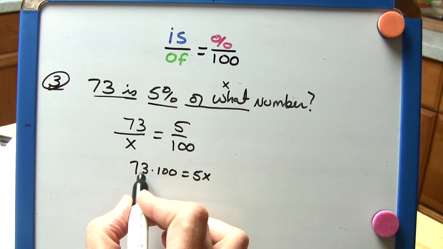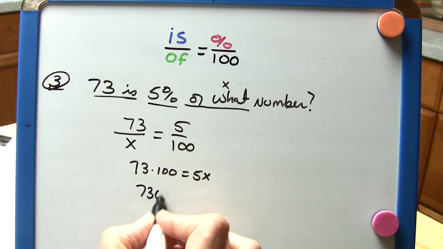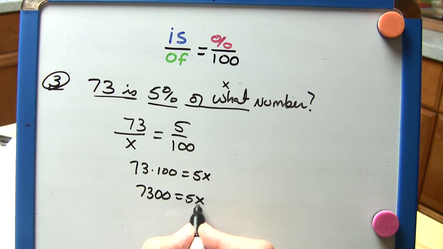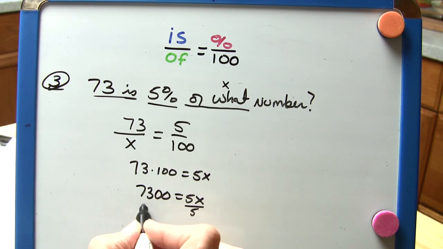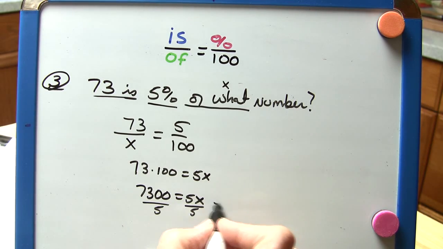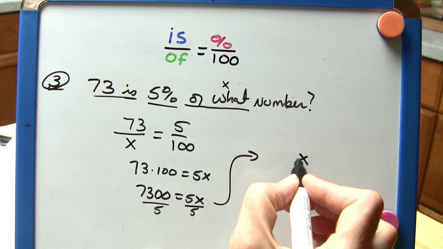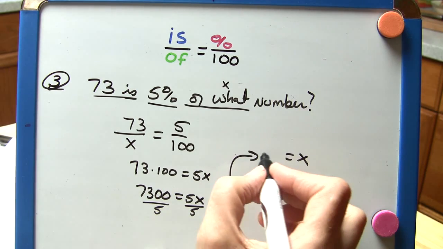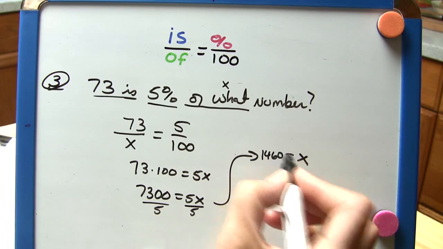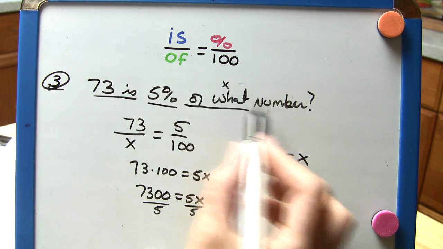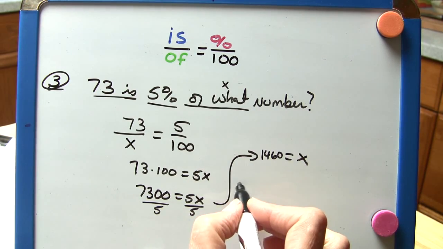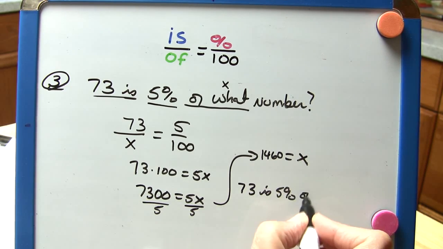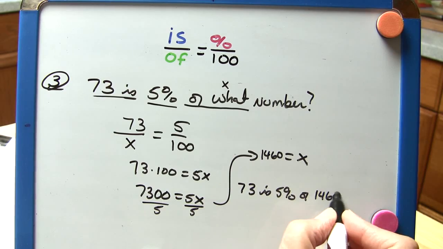Well, 73 times 100 is 73 with 2 zeros after it. Now I want to isolate the x, so I'm going to divide by 5, both sides. And we're going to get x equals 73 divided by 5... 7,300 divided by 5 is 1,460. So there's our number, 1,460. We could say 73 is 5% of 1,460.